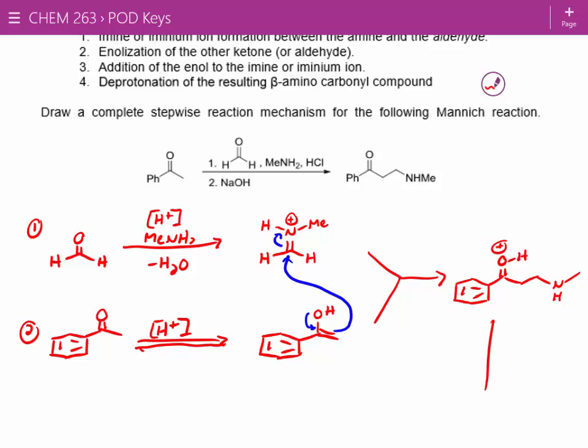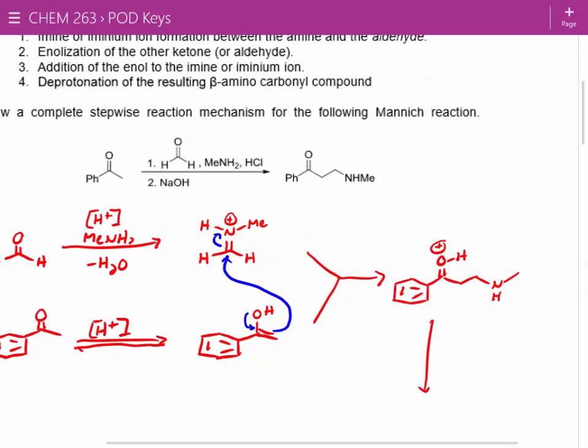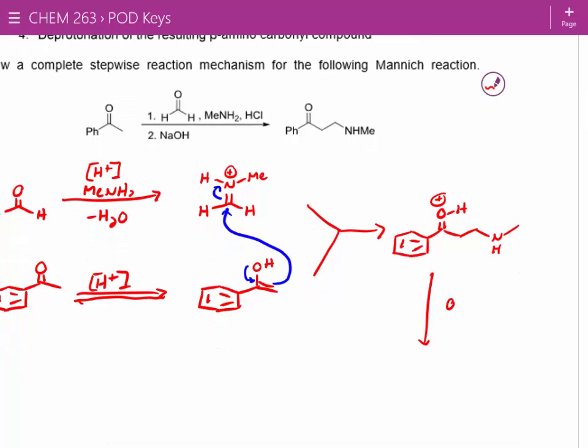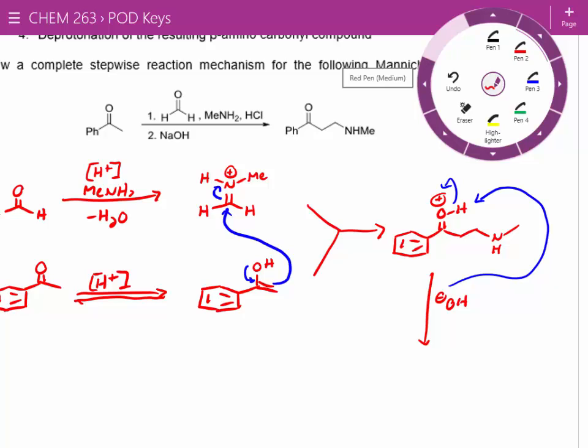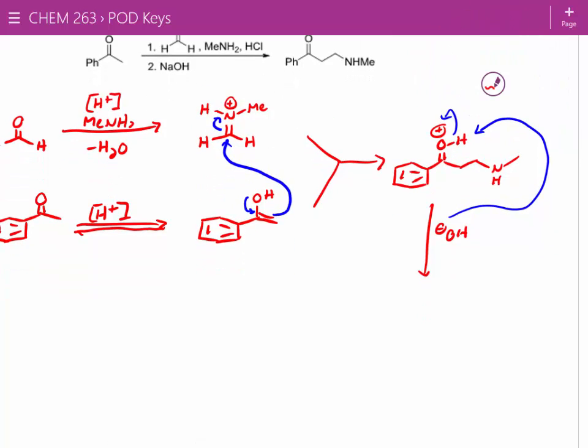All right, and then step 4 was adding in our sodium hydroxide, which just deprotonates our ketone. And there we go, we've got our final product.